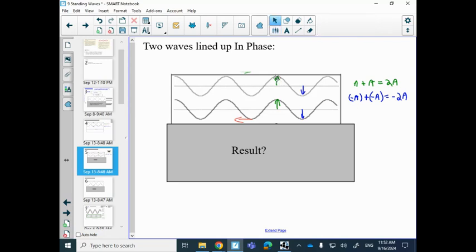And then we could look at spots in between somewhere. Let's go with red. Let's look just sort of there. We have some down and some down adding up, right? So maybe it's 0.6A plus 0.6A, which is going to give us 1.2A.